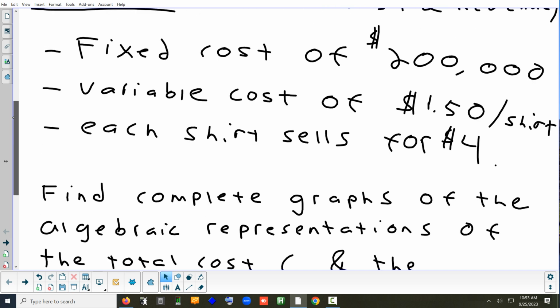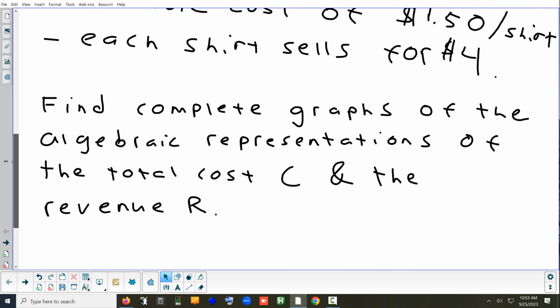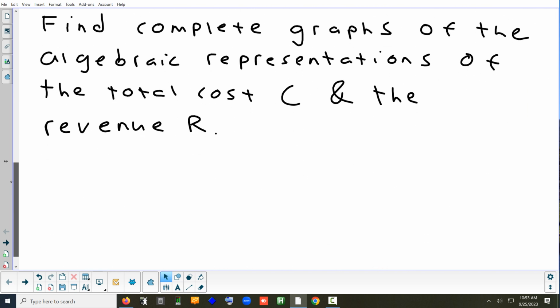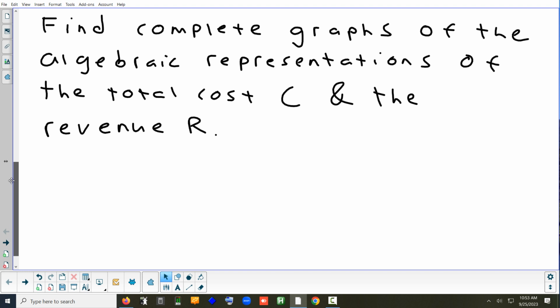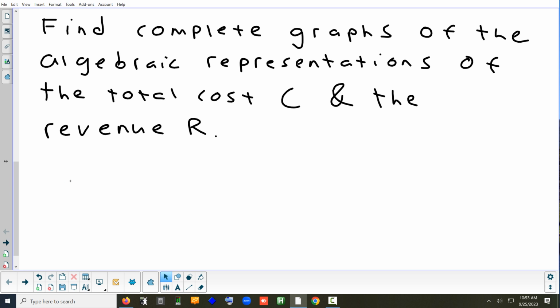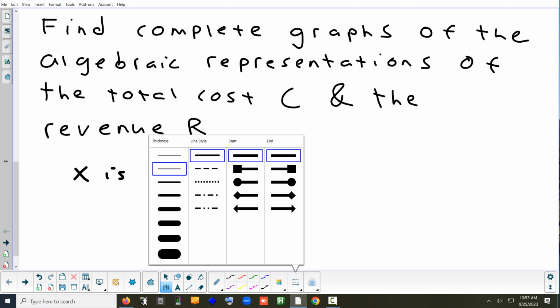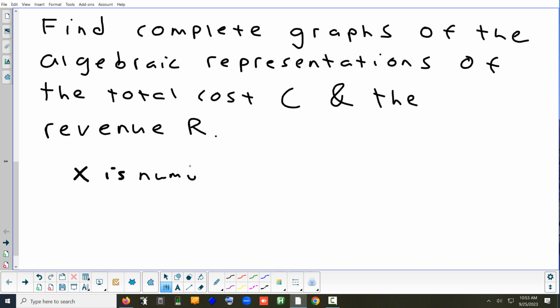Okay, so we need to pick a variable that represents the number of shirts we make. Let's just go with X. So X is the number of shirts. Okay, so let's start with the formula for the cost.